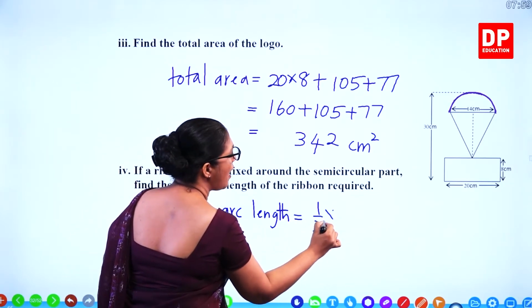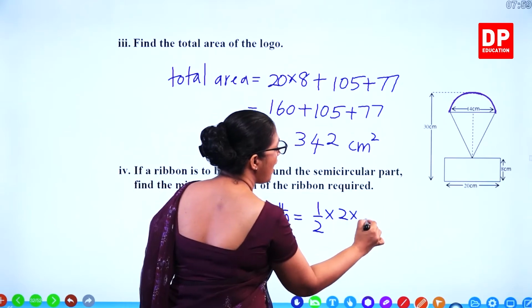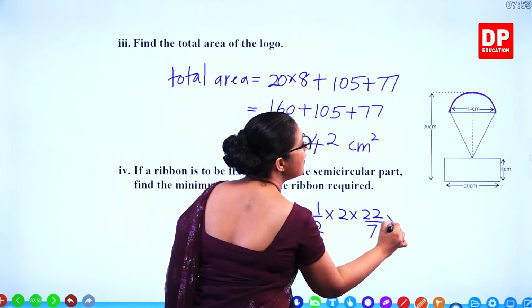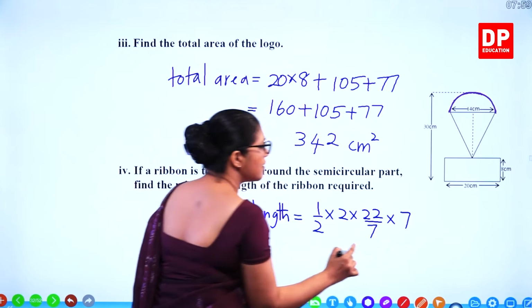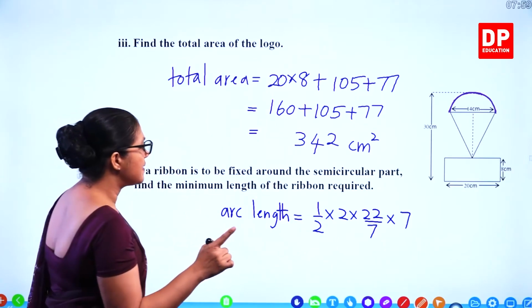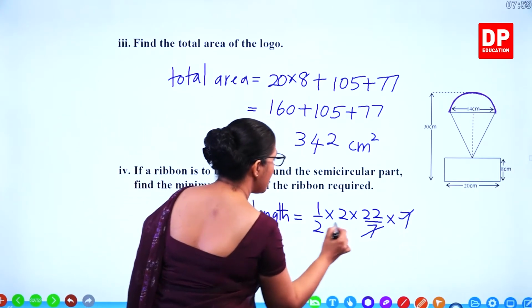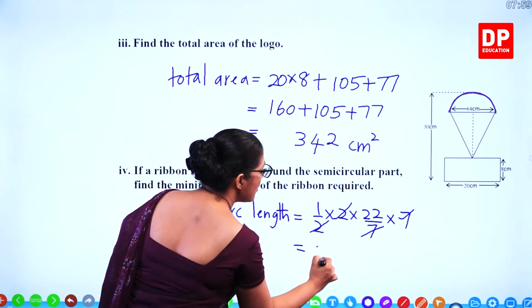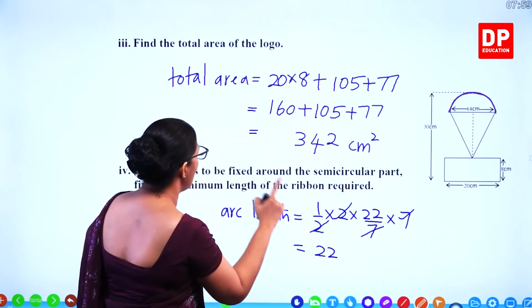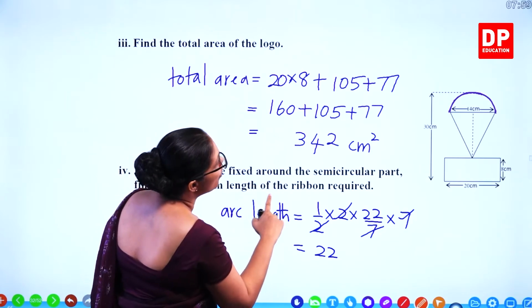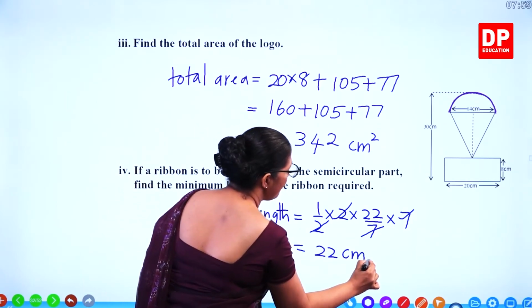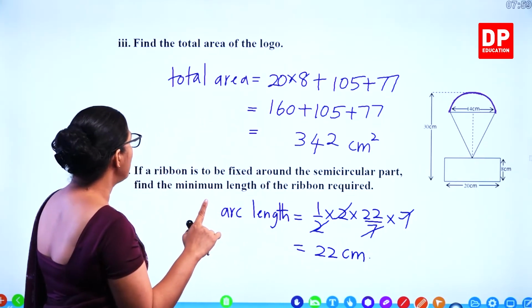Half 2 pi r. 2 times pi 22 over 7. Radius is 7. Diameter is 14 means radius is 7. 7 get cancelled out, 2 get cancelled out and you get 22 centimeters is the required length of the ribbon.